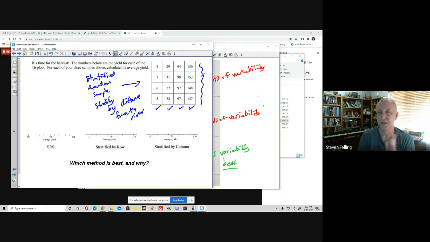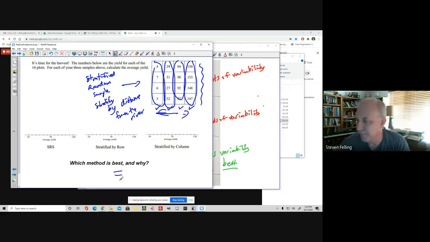Because then, if I include one out of this strata, one out of this strata, one out of this strata, and one out of this strata, I'm always going to get numbers that are roughly the same, because most of the variation is in this direction. So if I include some from each of the distances, that's the best method. Okay, so the river activity helps us to see why in some cases it might be better to deviate from a simple random sample.